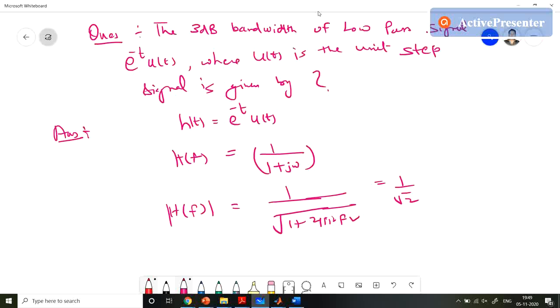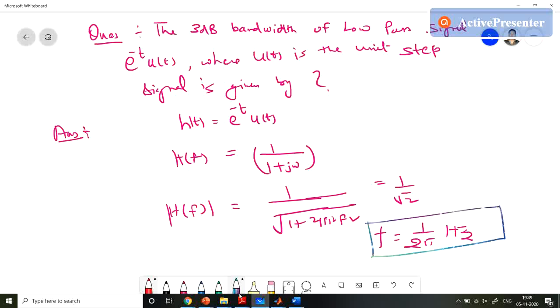So when we solve this, the solution is f equal to 1 divided by 2 pi hertz. Please check this answer.